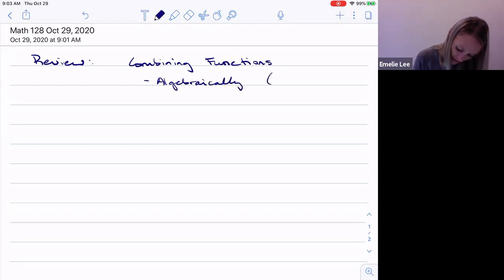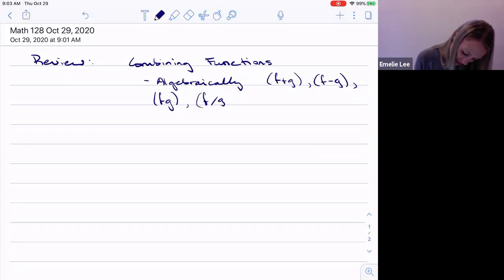What did we do? We talked about combining functions, either algebraically or through compositions, right? So combining functions either algebraically, so that's things like f plus g, f minus g, f times g, and f divided by g, right?